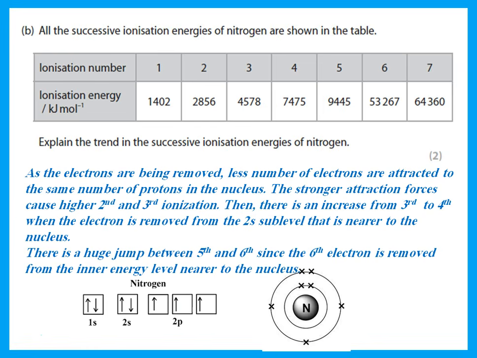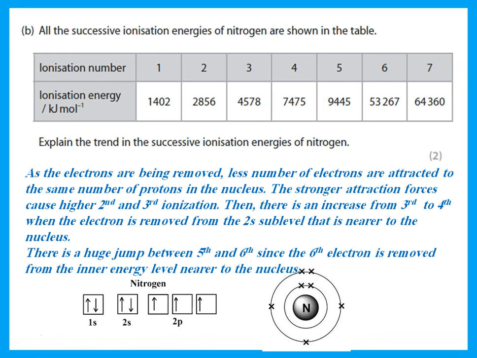Then when we go to the fourth, there is an increase from the third ionization energy to the fourth because we're going from the 2p to the 2s. We're now taking an electron from the filled 2s, which is closer to the nucleus, and therefore we need more energy. And then there will be a big jump in the ionization energy between the fifth and the sixth.